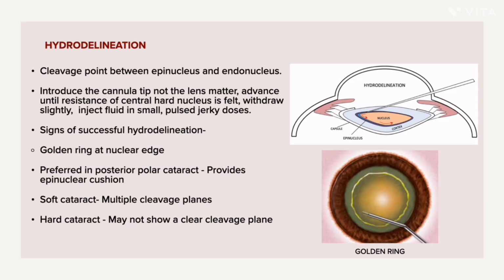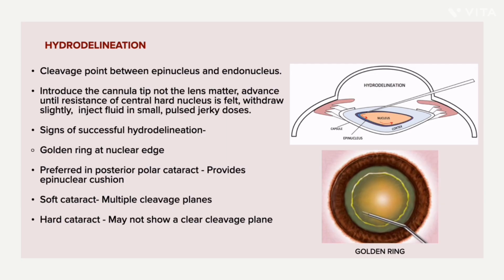Moving on to hydrodelineation, which creates the cleavage plane between epinucleus and endonucleus and helps divide the nucleus into layers. The cannula is introduced into the lens substance and advanced until the resistance of the hard nucleus is felt, then slightly withdrawn. Fluid is injected in small controlled pulses to achieve separation.